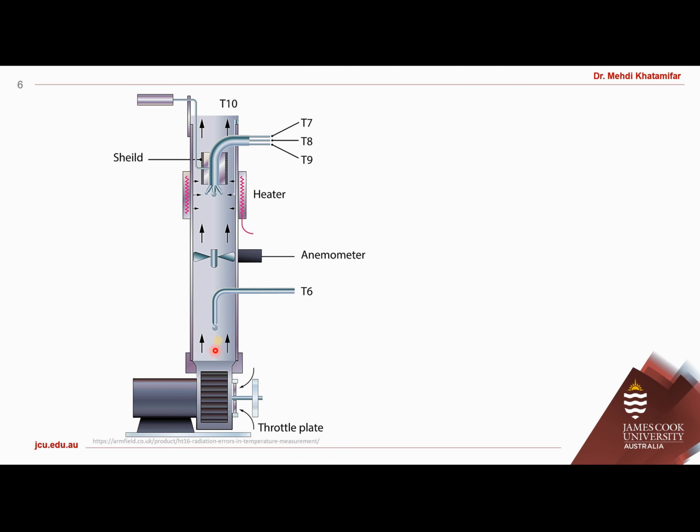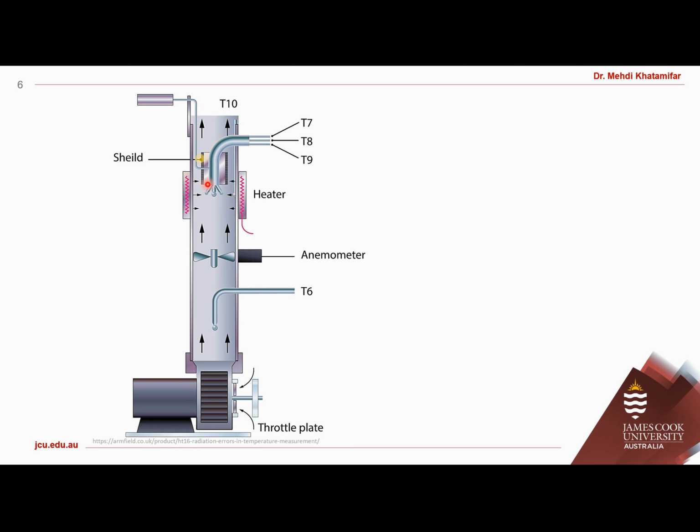Starting from the bottom, we have thermocouple T6, which shows us the temperature of the inlet air. Then we have three thermocouples with different beads at the tip. We are going to call them T7, T8, and T9. They have different properties and different sizes. Their properties and sizes are presented in the prac handout, so go and check those properties.